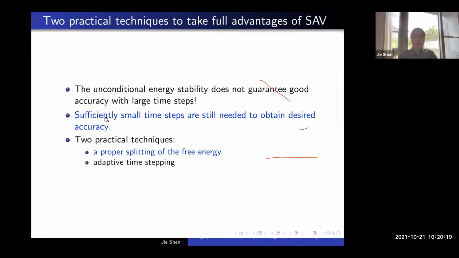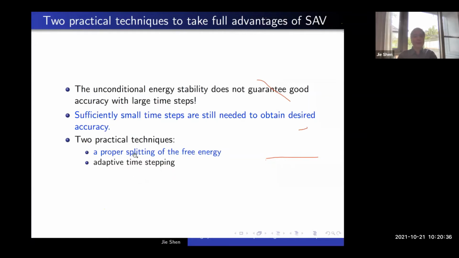So if you want good accuracy, you may still need small time steps. But what does unconditional stability give you?